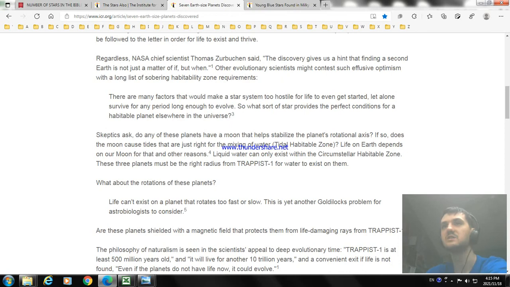Should we ask whether any of these planets have a moon and have a stabilized rotation axis? If so, does the moon cause tides that are just right for mixing water? Tidal habitable zone. For the Earth, it depends on our moon, and for that and other reasons. Liquid water can only exist within a stellar habitable zone. These three planets must be irradiated from TRAPPIST-1 for water to exist on them.